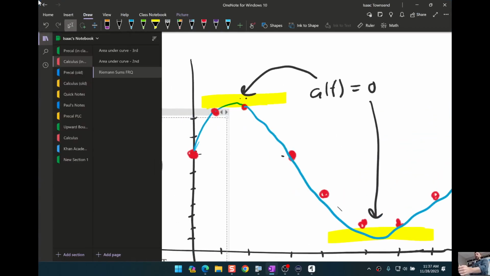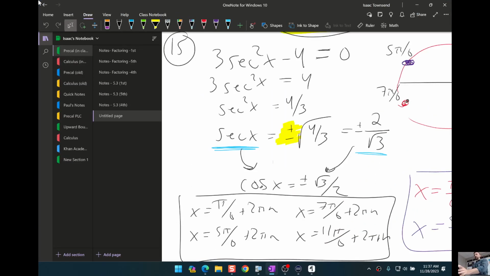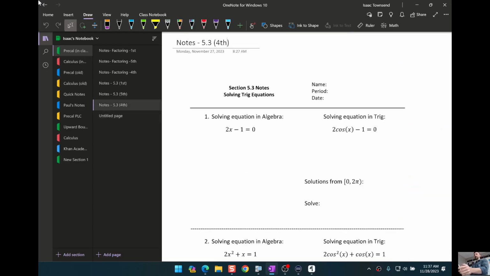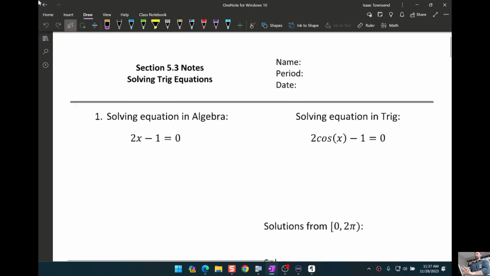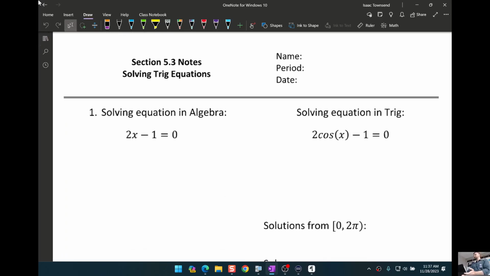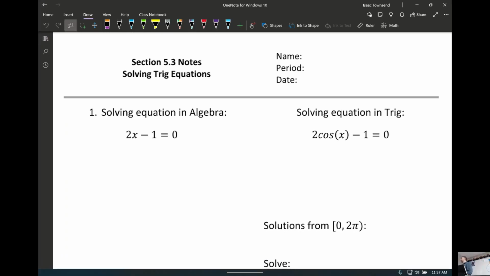Okay, so let's talk about what section 5.3 is about. I did give you a heads up that factoring was a big part of this. But section 5.3 is all about solving equations, specifically equations that have some kind of trig function mixed in there.